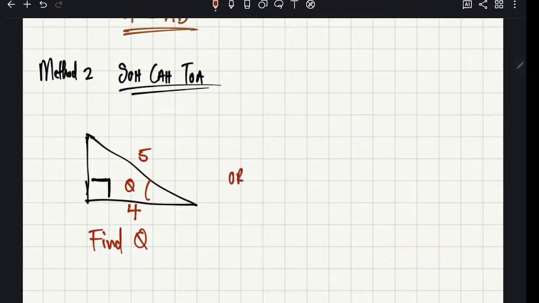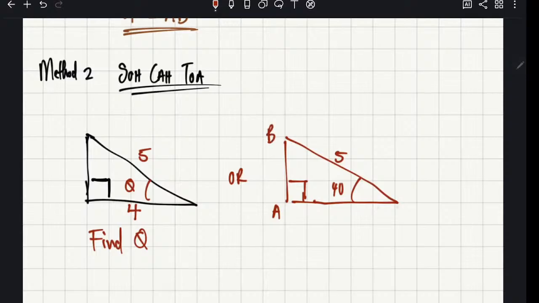Or you can get, so here we have one. Let's say now they give you 5 and 40 degrees. And this is ABC. Then they say find AB. So these situations, today we are solving.